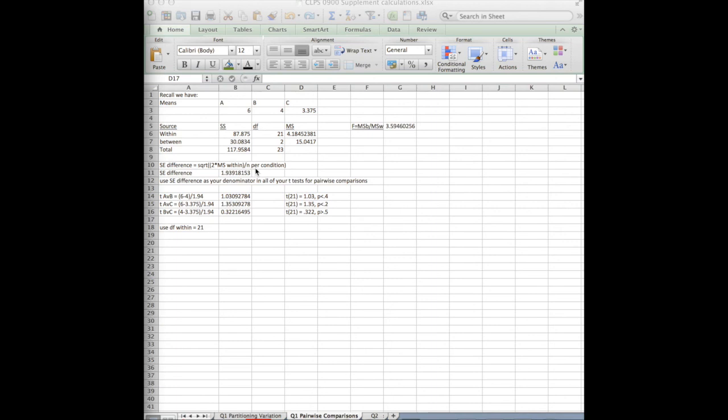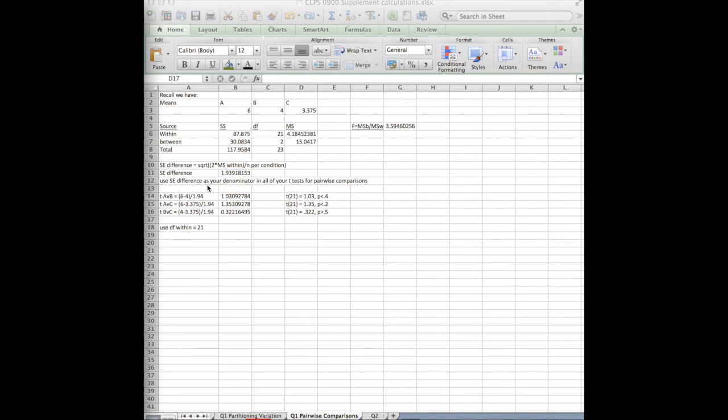So we had 8 observations per condition, square root that whole thing, and then you get the standard error of the difference. And I calculated that to be 1.93 and change. And then you use this standard error of the difference term as the denominator in all of your pairwise comparisons.